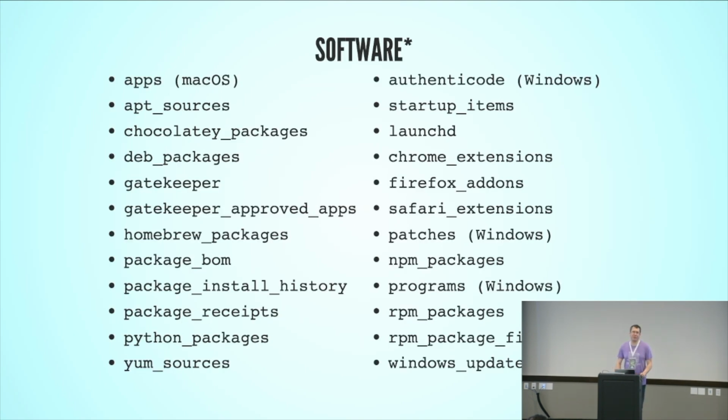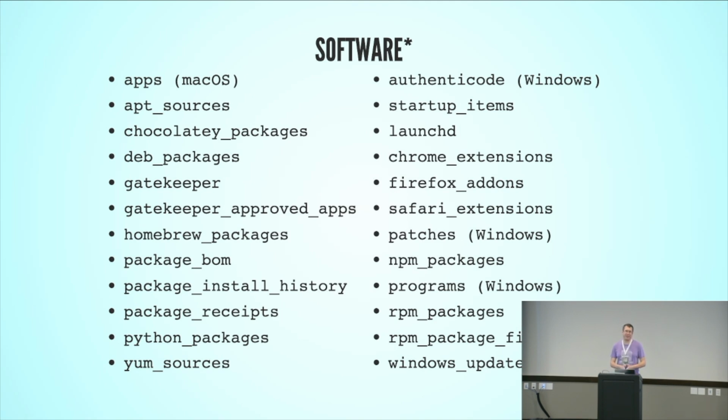Next, you have software, whether that is Mac OS, Windows, Linux, various flavors of Linux. Because there are distribution-specific things here, one of the items that I could not fit on this slide was portage packages. So if you have Gentoo, you can still figure out what packages are installed via a SQLite table in osquery.